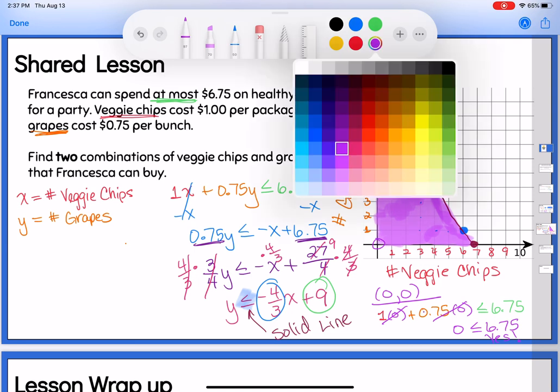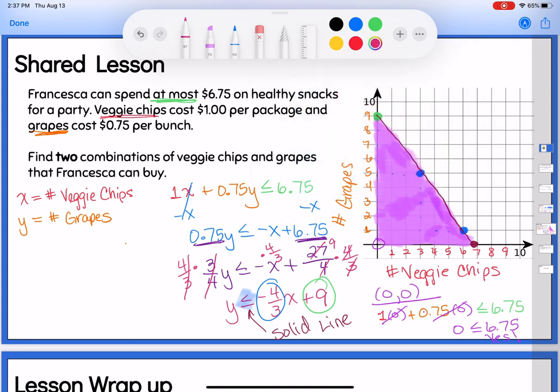Now notice our problem asked us to find 2 combinations, right? So I could pick any 2 combinations I want. Let's say this guy right here. So that would be 4 bunches of grapes and 1 bag of veggie chips. That is 1 good combination.